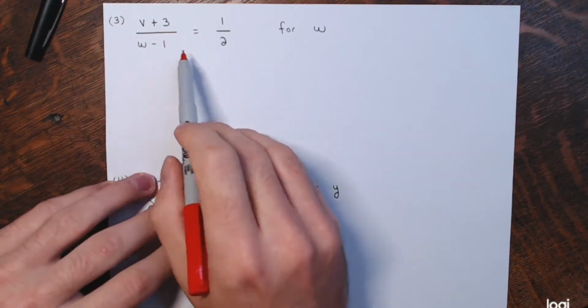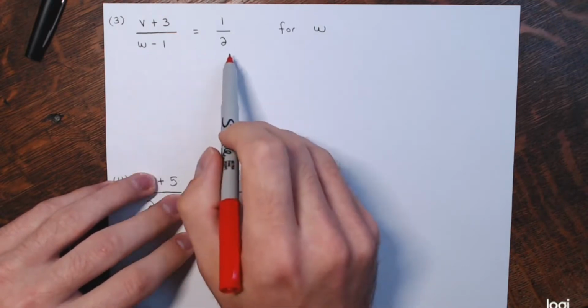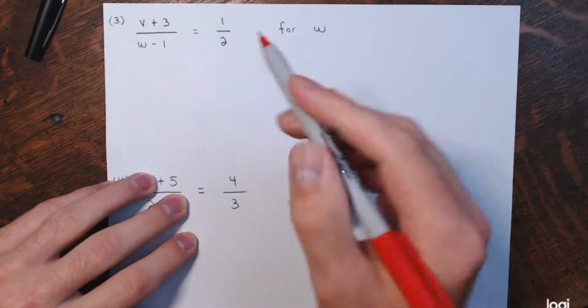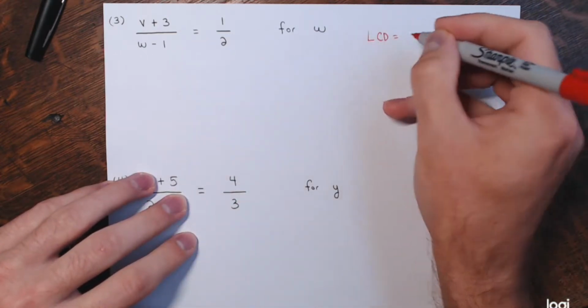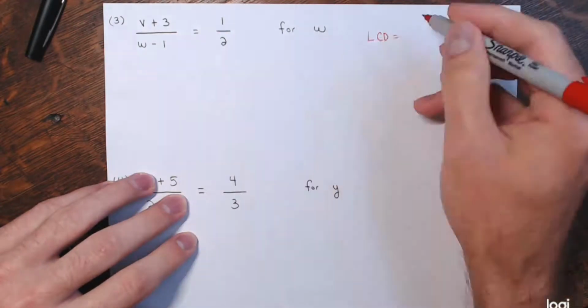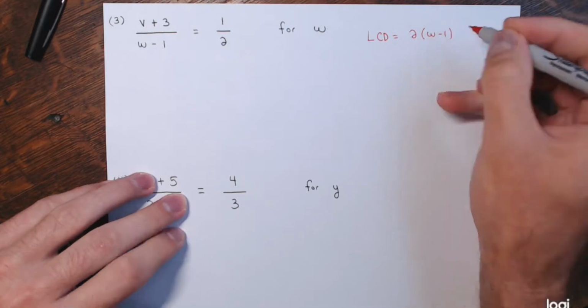So both denominators are already completely factored. Can't factor them any further. So the LCD should be easy to state. It's just the product of these two denominators, 2 times the quantity w minus 1.